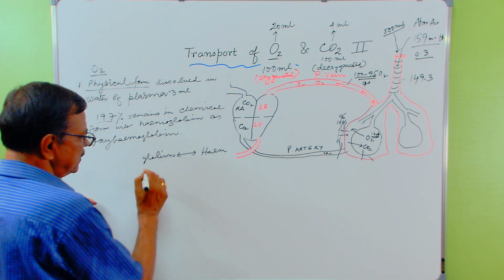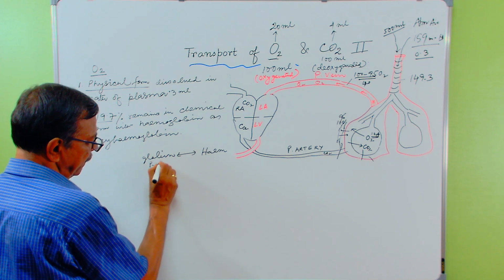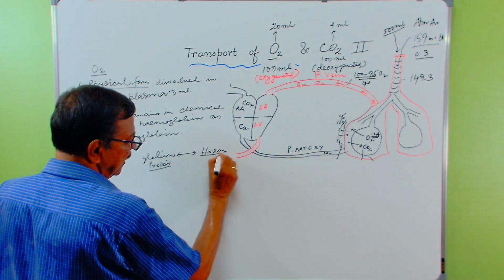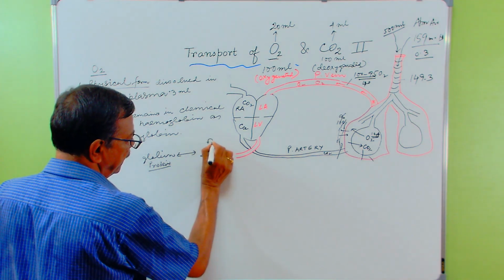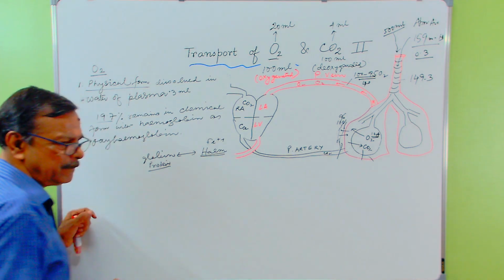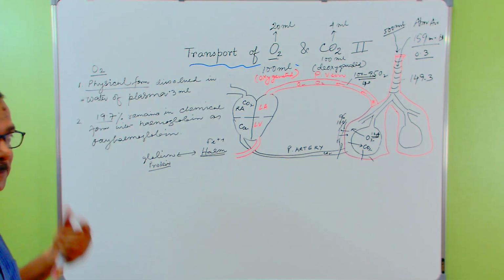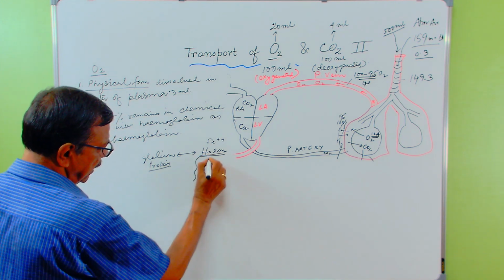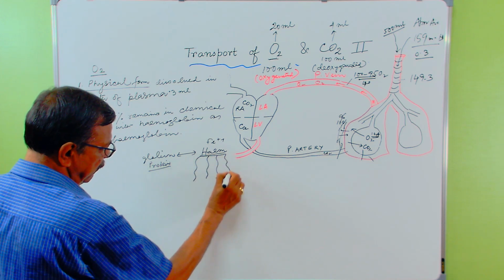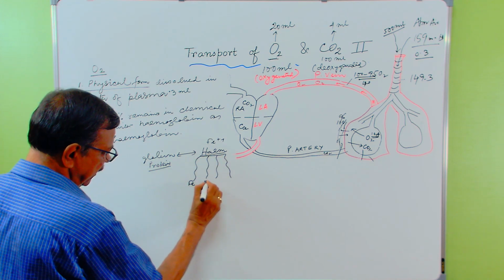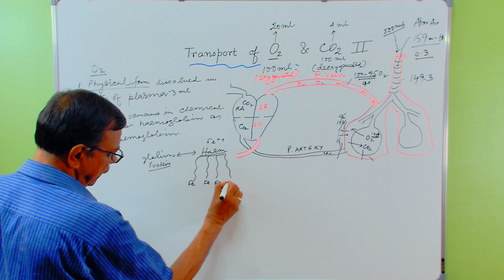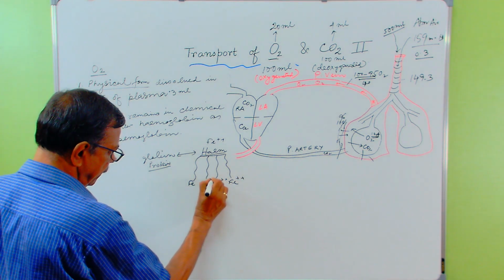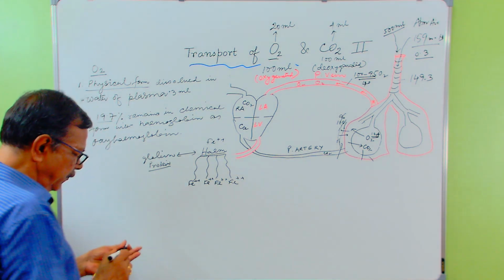The globin portion is protein, and the heme is the iron containing portion, sometimes called the prosthetic group. It contains 4 Fe, 1, 2, 3, 4 iron atoms.